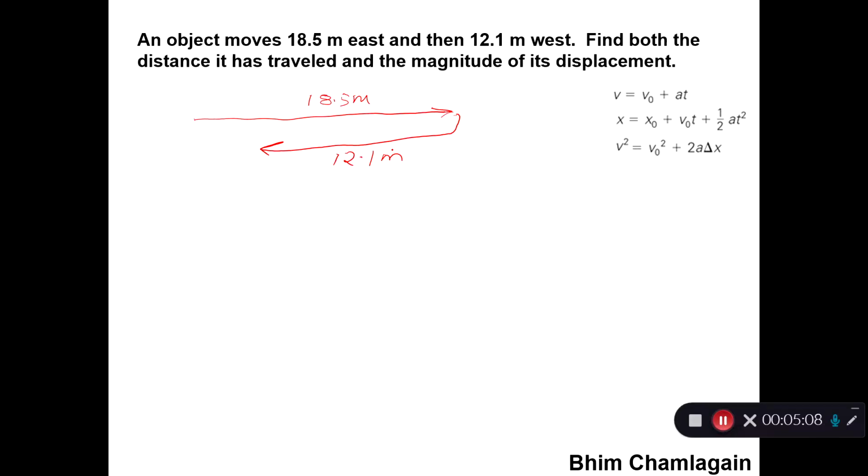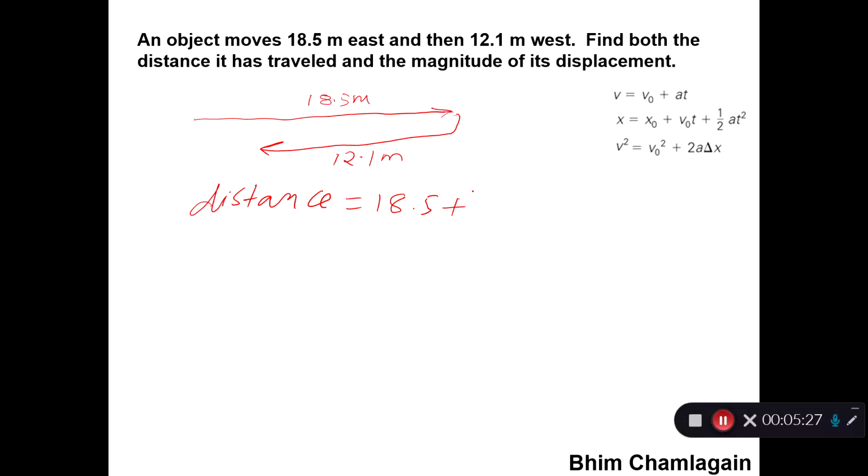First you have to remember the distance traveled is just the summation of absolute values, and it is a scalar quantity. You don't have to take positive and negative sign, just add whatever travel it does.